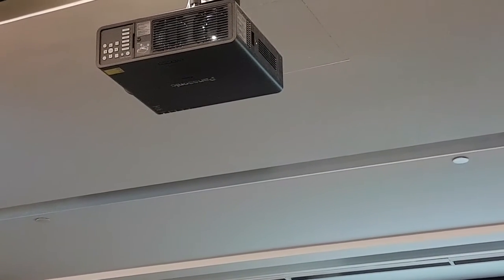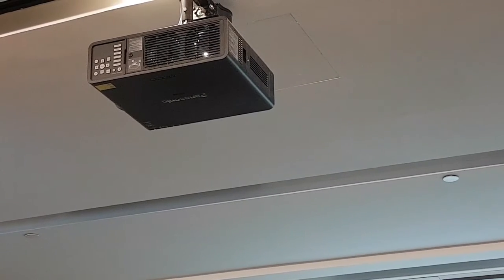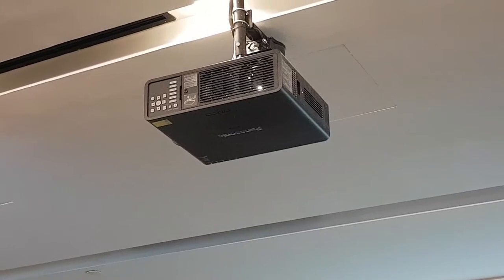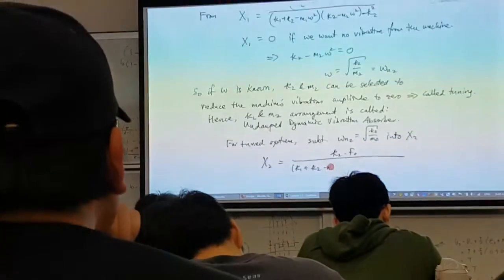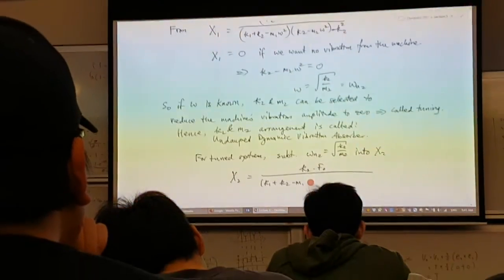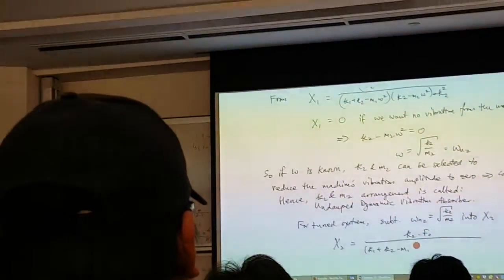Previously we saw that X2 is equal to K2 multiplied by F naught over the determinant, K1 plus K2 minus M1 omega squared.